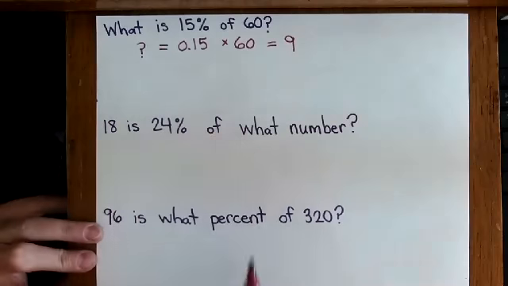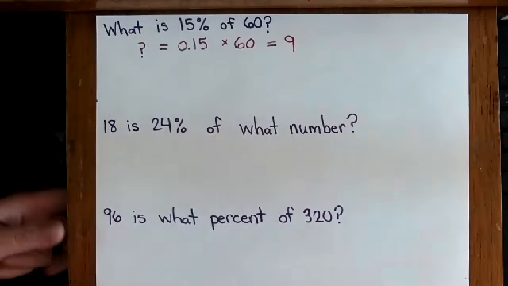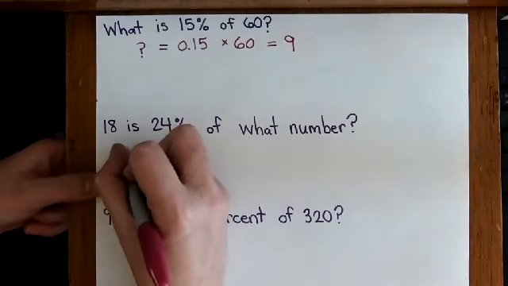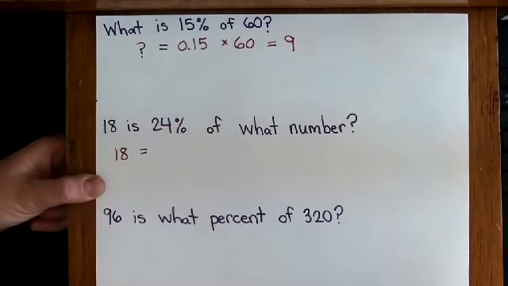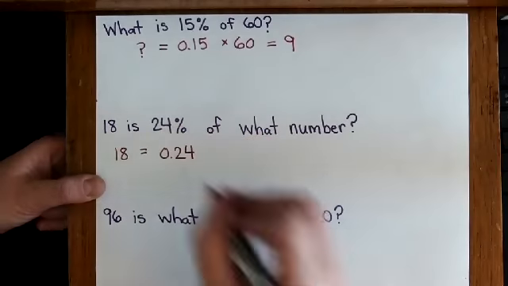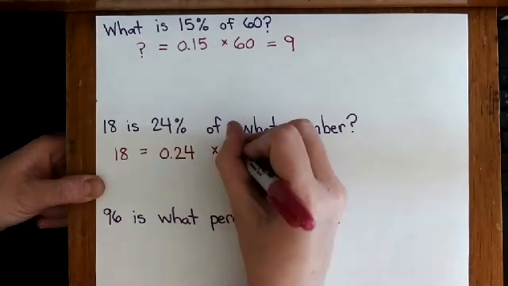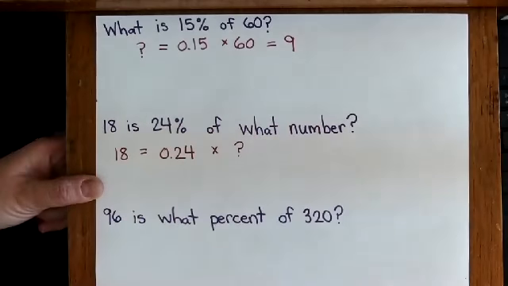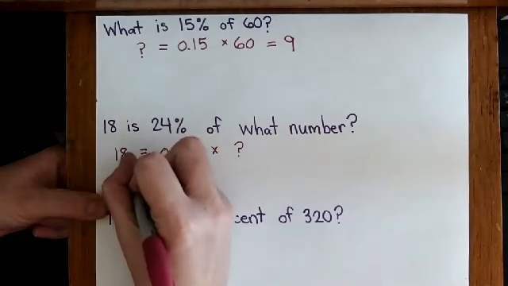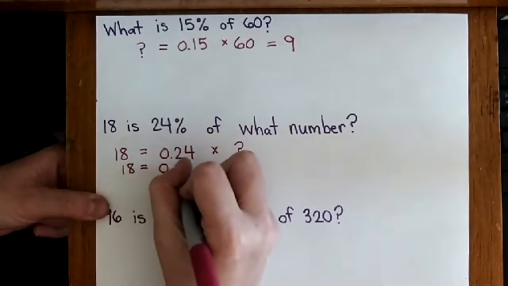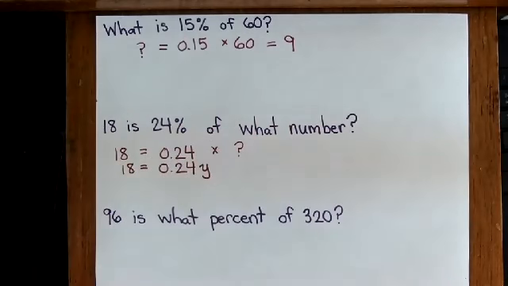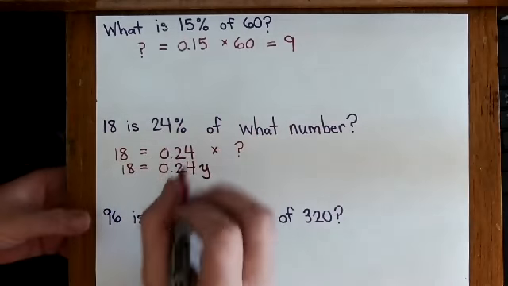In the second problem, we have 18 is 24% of what number? So 18 is 24% of what? If we call the question a variable, y, now we can work on isolating the variable.